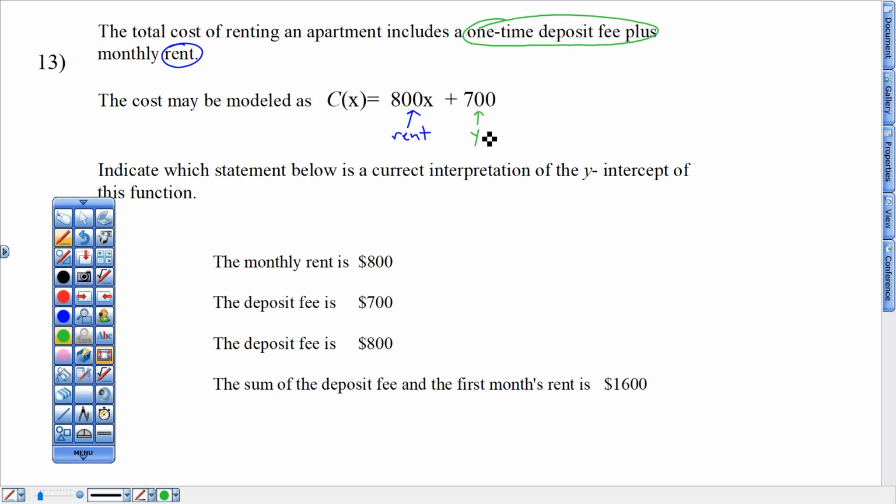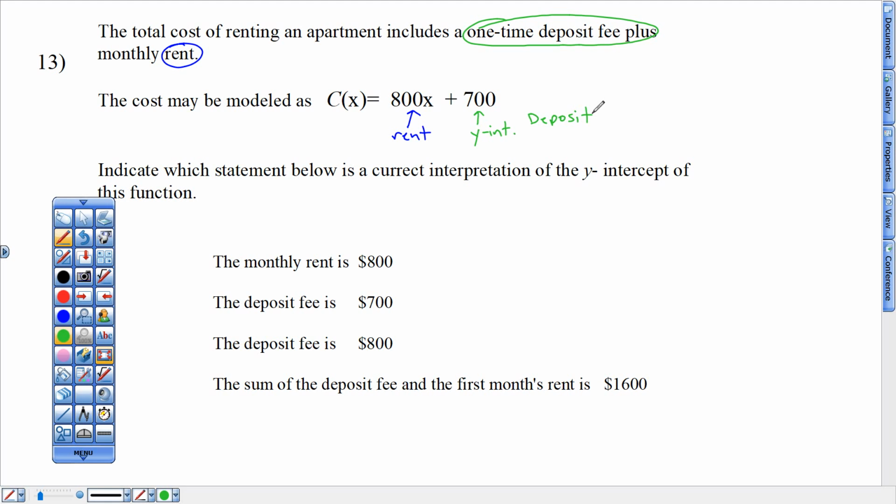That's the one-time fee I'm paying. That 800 I'm paying each month. That's the change number. The 700 is a one-time fee that you're paying.